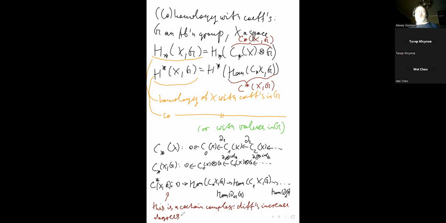I don't see where delta 0 comes from. Yes, you're probably right. So you're saying this one should be delta 1, and this one should be delta 2. Yes, I agree.